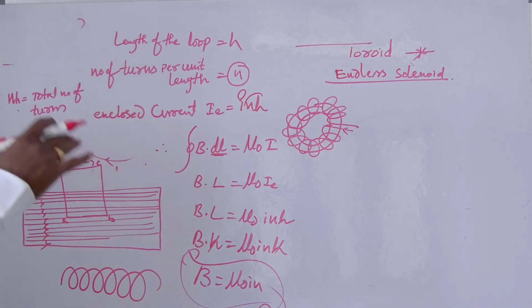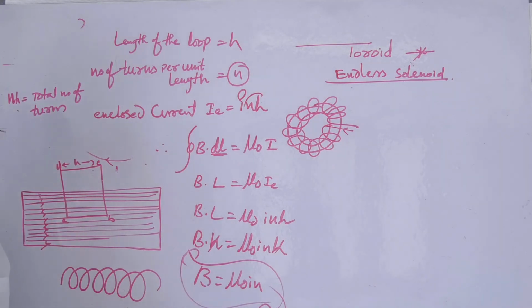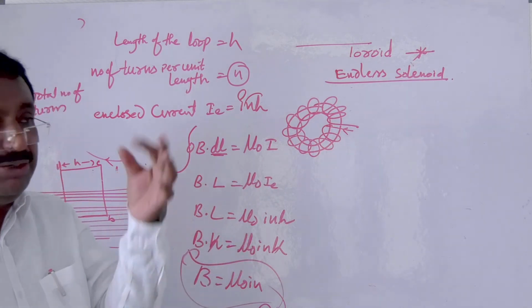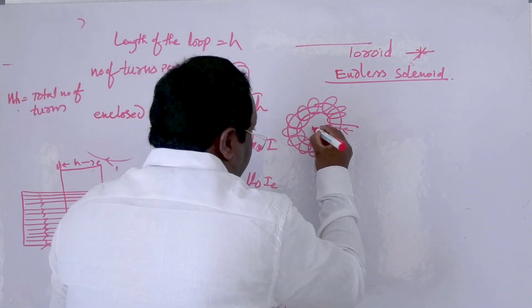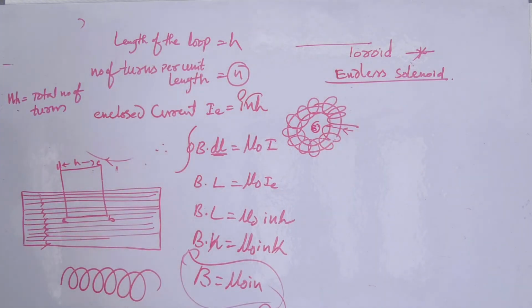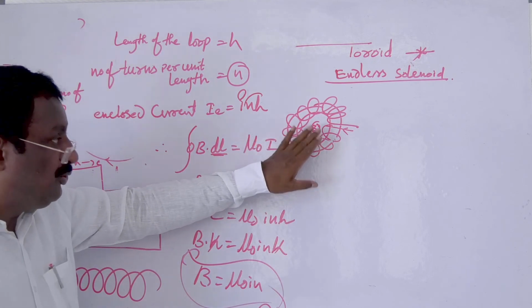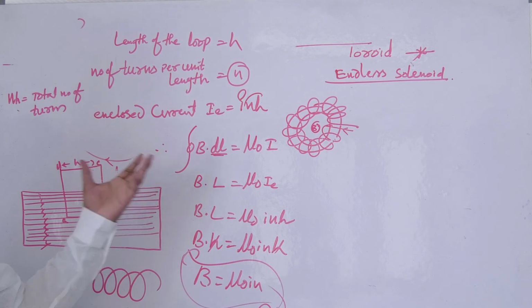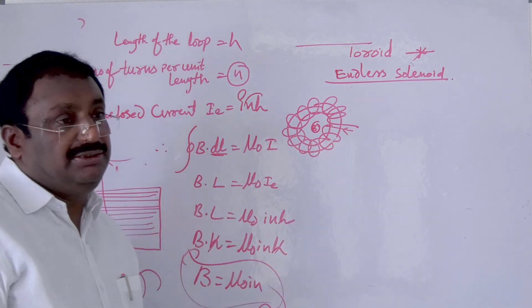When current is passing through this coil, inside the toroid a very strong, uniform magnetic field is produced. The magnetic field produced in the toroid, again, we can calculate by using Ampere's law.